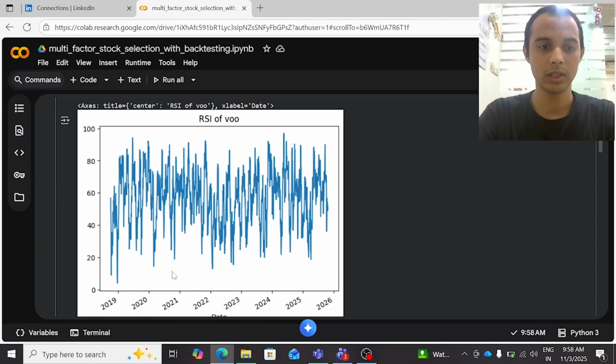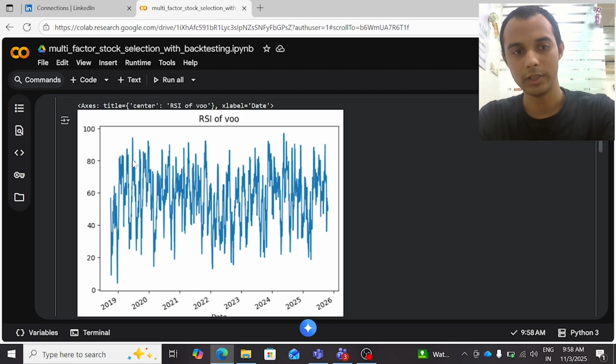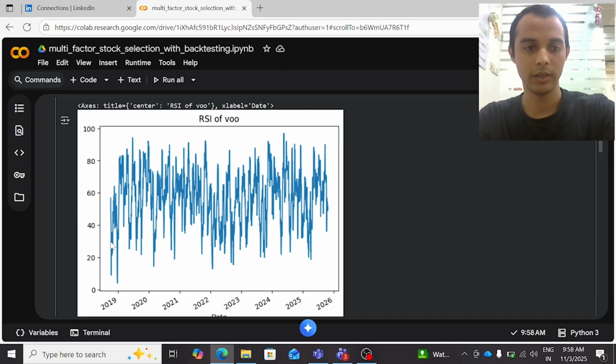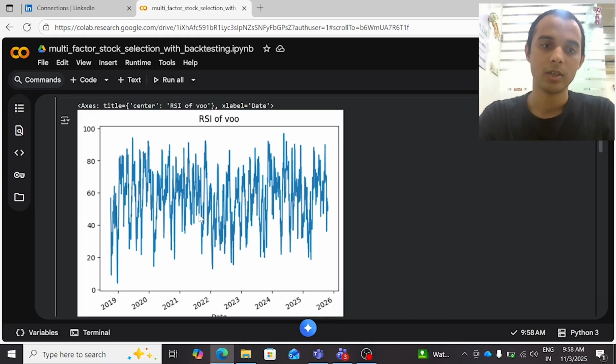So this is the RSI of Vanguard that we have found. Above 70, you need to sell, as you can see. And if the RSI value goes below 30, it is oversold. As you can see, whenever it goes below 30, there is a massive buying. So this is the behavior that the market follows, but not always.